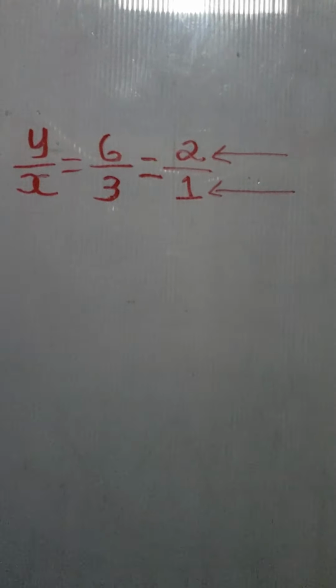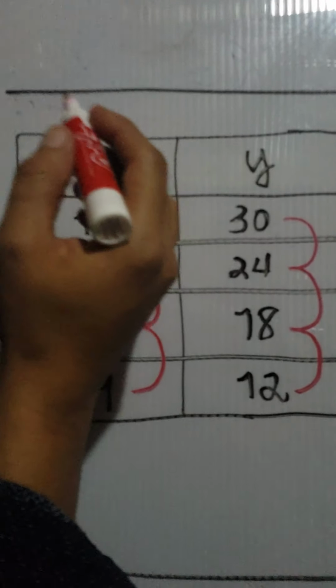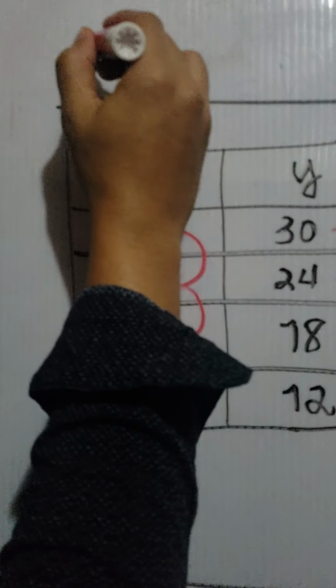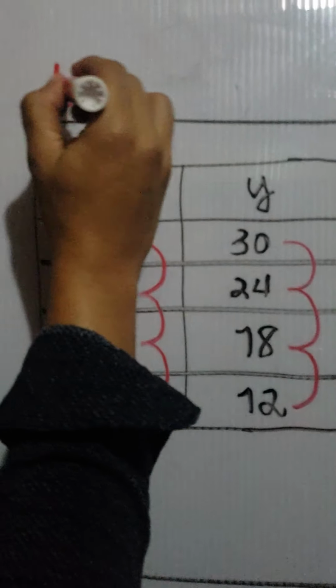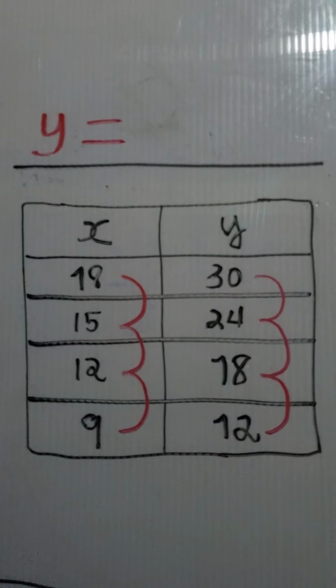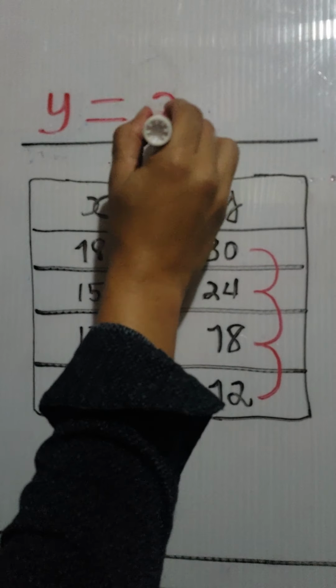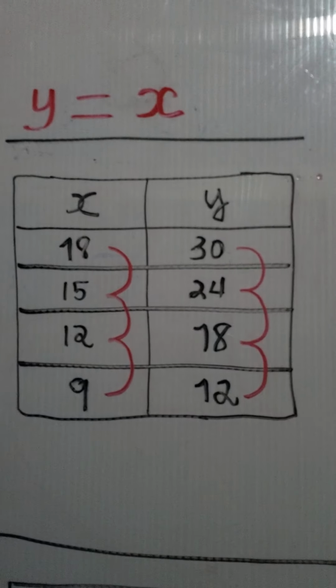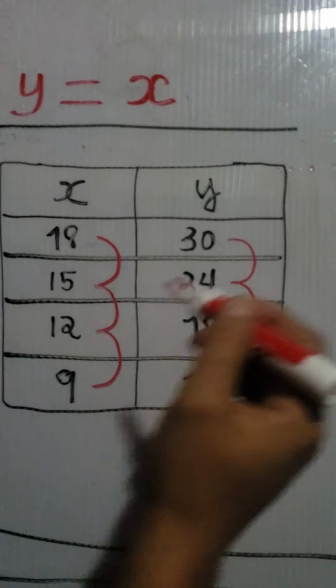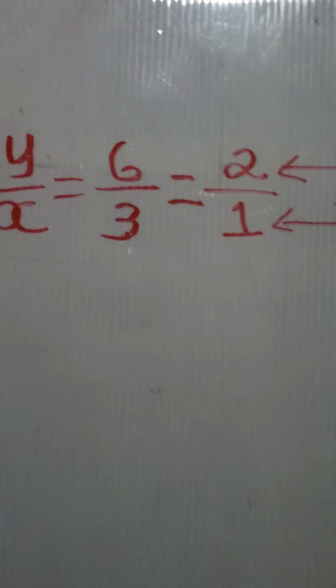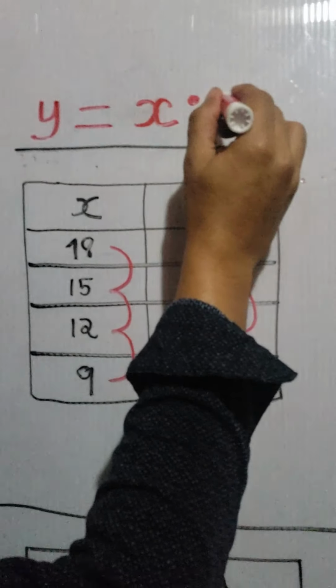Now, let's do the equation. Remember, we start the equation with the letter of the less important variable, y. And then we write the letter x. And then the number that we found, which is the number 2, times 2.